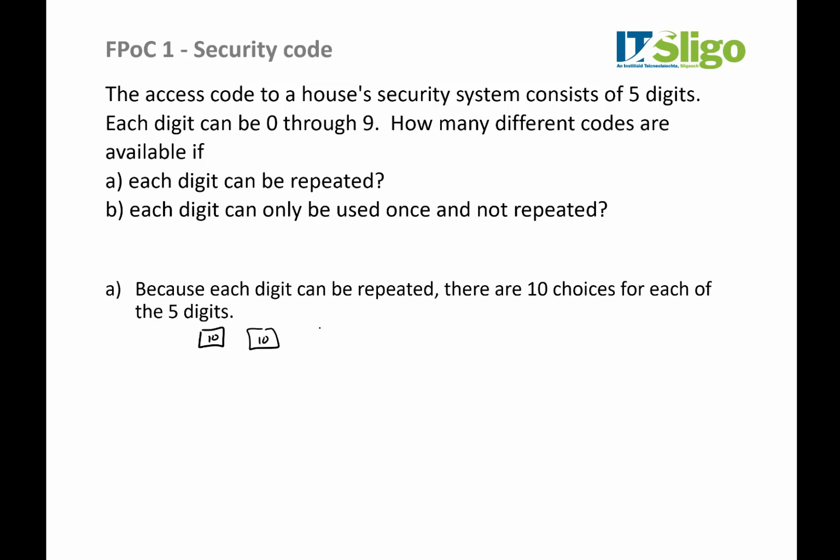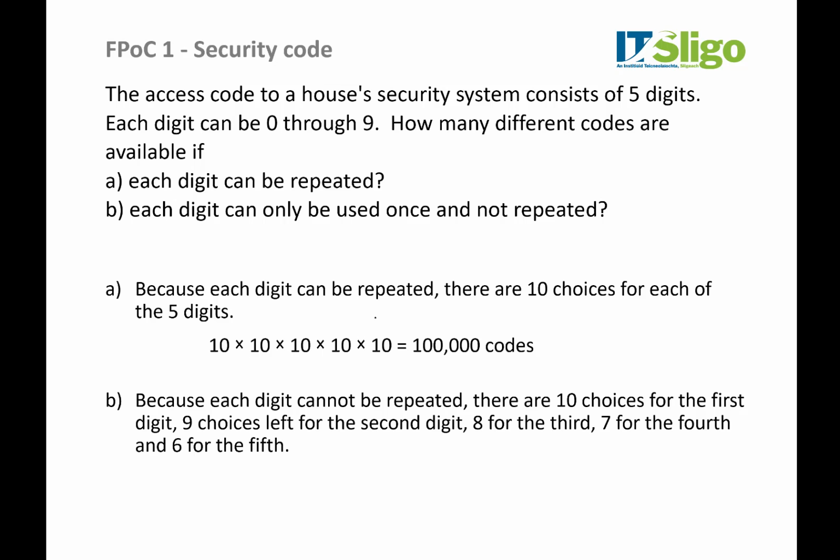So the first number we have choice of 10, and the second number, and the third number, and the fourth, and the fifth. So we have 100,000 codes, 10 to the power of 5.